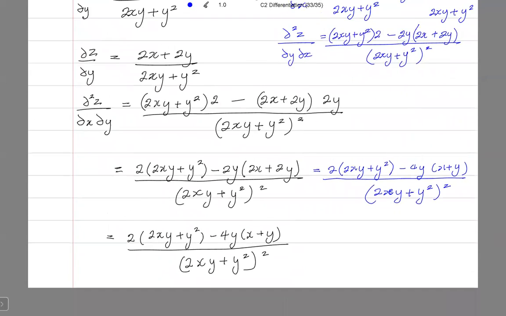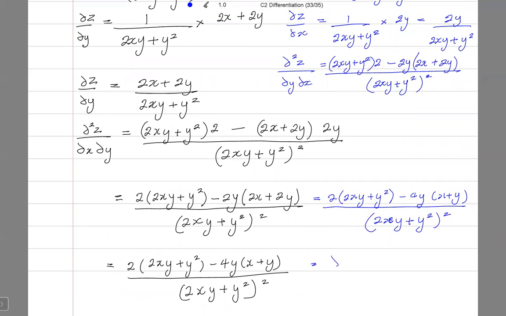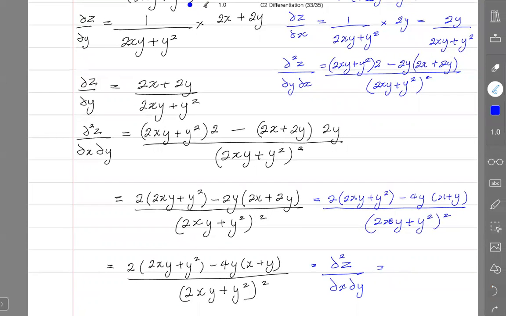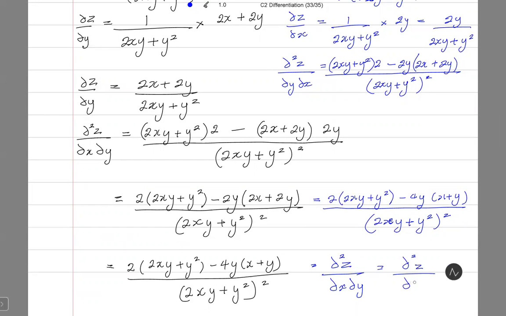So therefore, the second partial derivative with respect to x then y is equal to the one with respect to y then x. We're asked to show that they were equal, and we show that yes, they are indeed equal. Please do the next example, everybody.